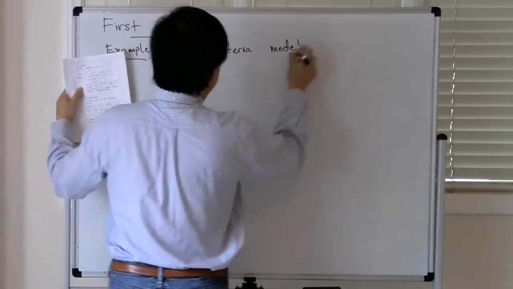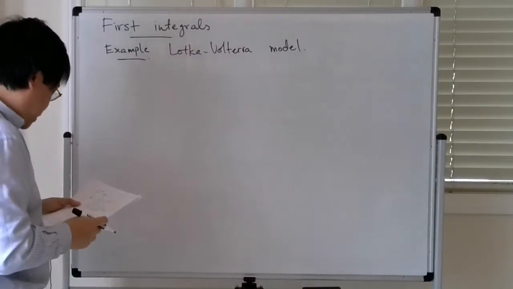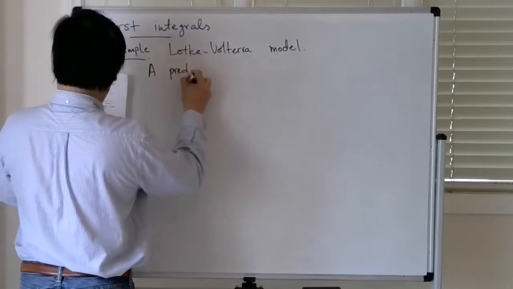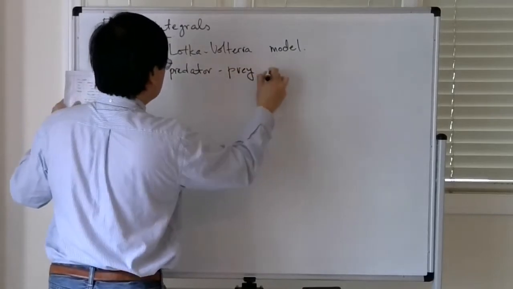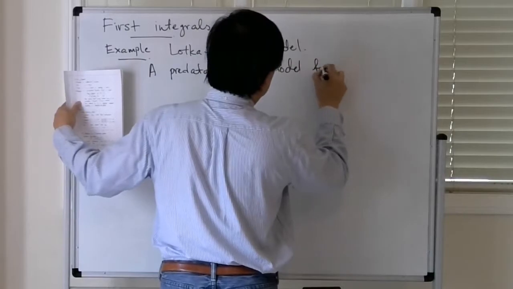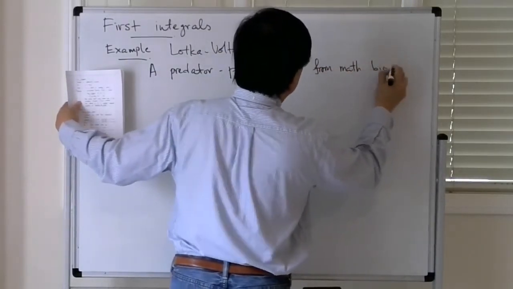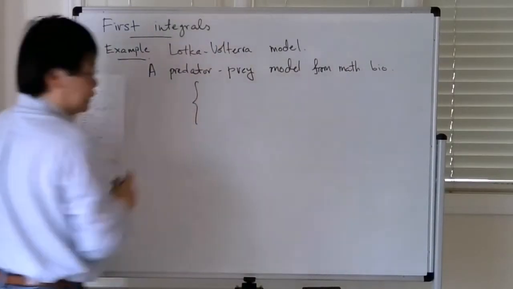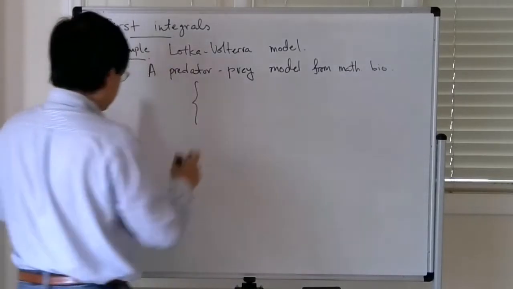So this is a predator-prey model, which arises, for example, in mathematical biology. Okay, so it consists of this sort of coupled system of differential equations.